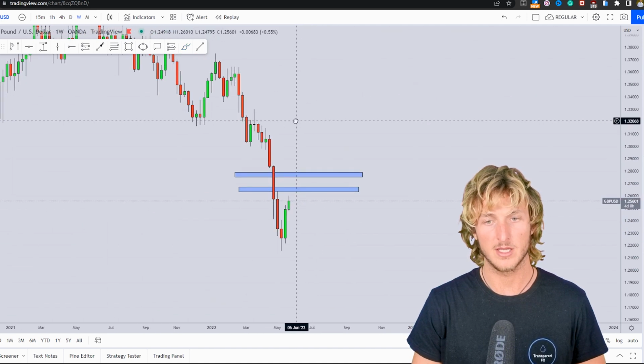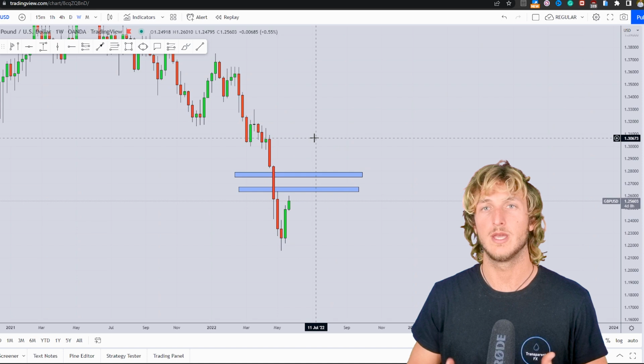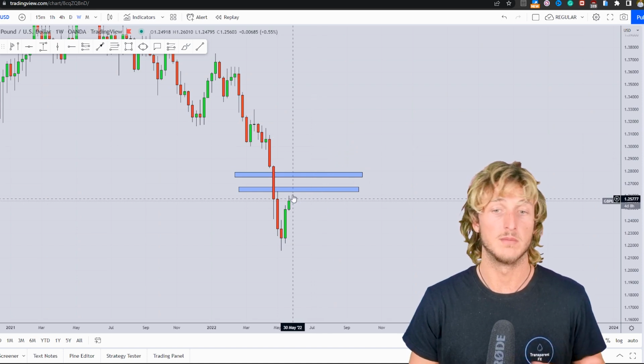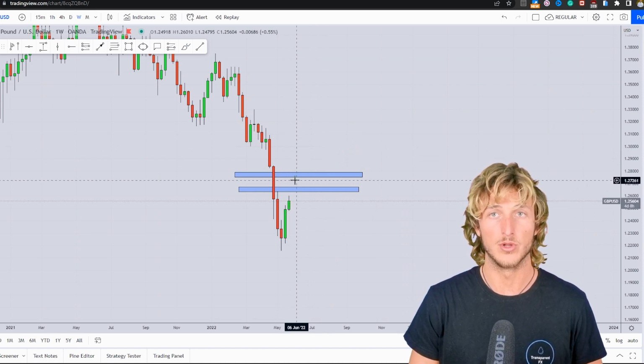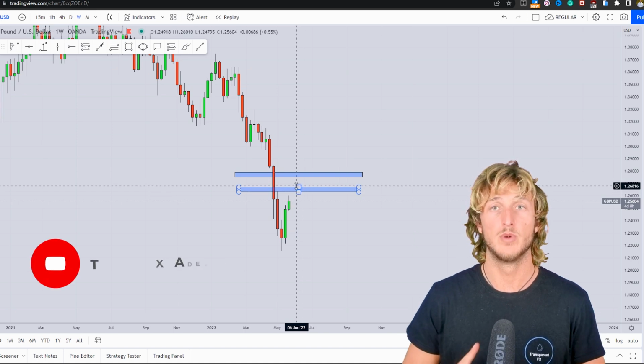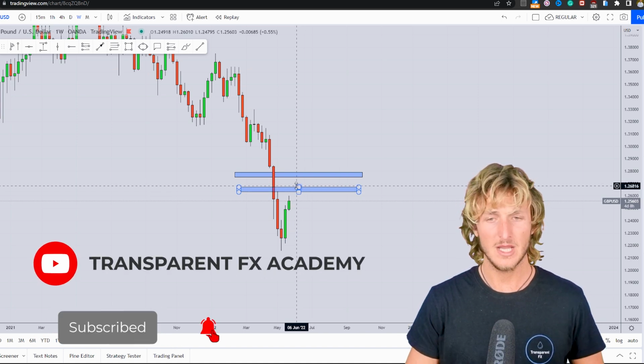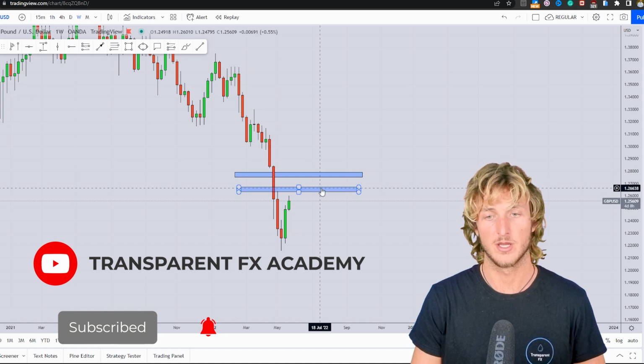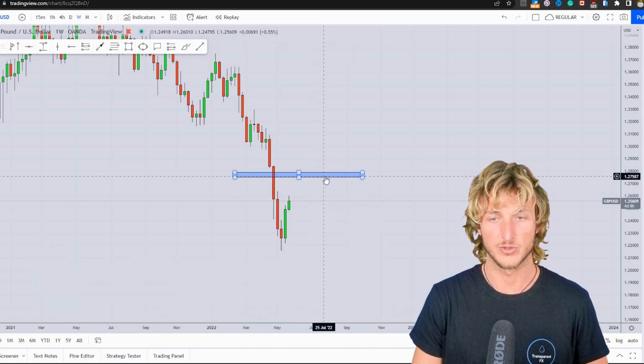But the bottom line here is that from a weekly perspective, we can expect more of a correction, meaning more bullish continuation as well. So both the monthly and weekly are indicating that we could expect more potential bullish continuation.